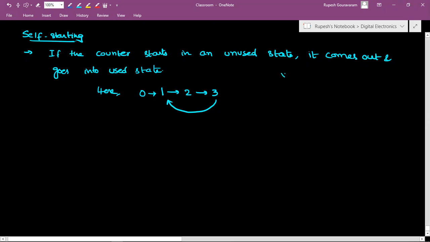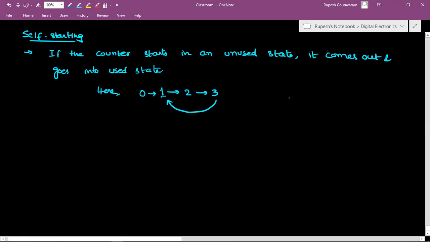With 2 bits, it can be 00, 01, 10, 11. That means it is 0, 1, 2, 3. These are the possible states, out of which our counter is going through 1, 2, 3. That means 0 is not used at all. But even if the counter goes into 0, then it comes to 1 and the cycle repeats.